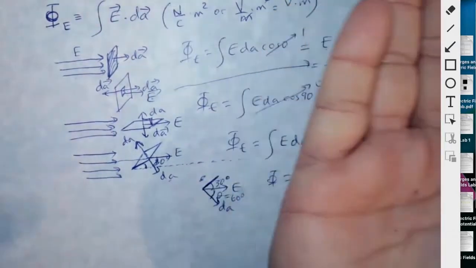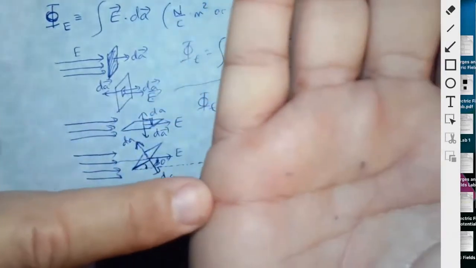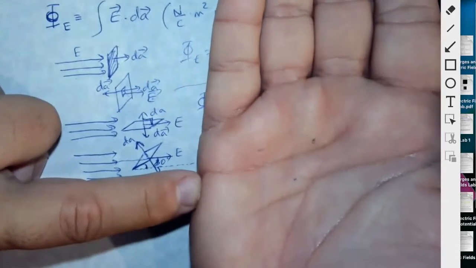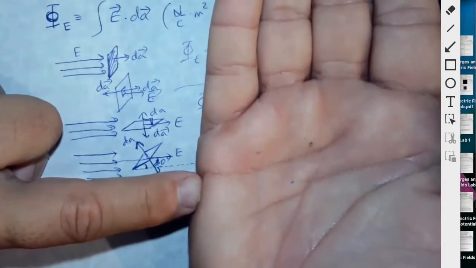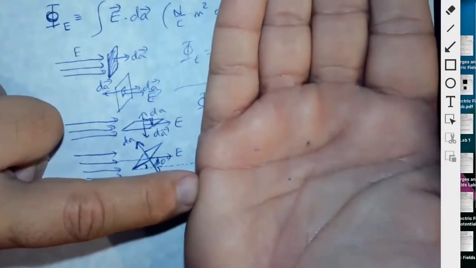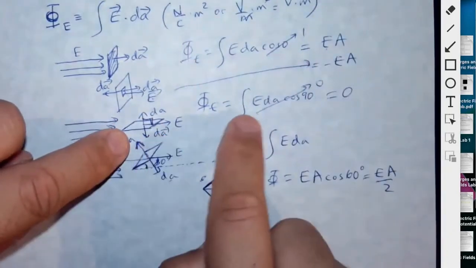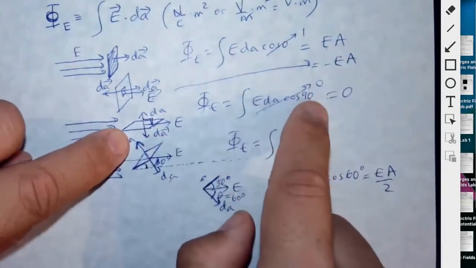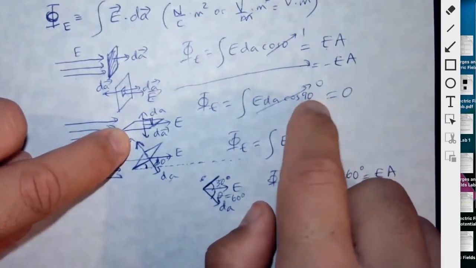So in other words, if my hand was 0 degrees from the table and the electric field was coming this way, what would you do? EA cosine 0, or would you do EA cosine 90? If my hand is 0 degrees from the table, you would do EA cosine 90, you see? You see how I didn't use 0 here?